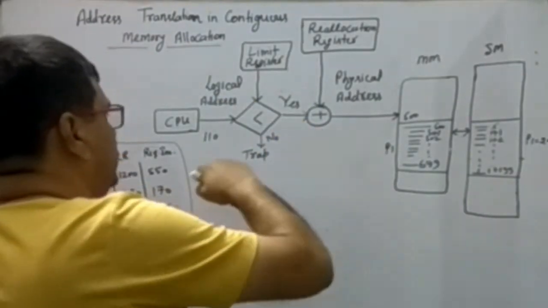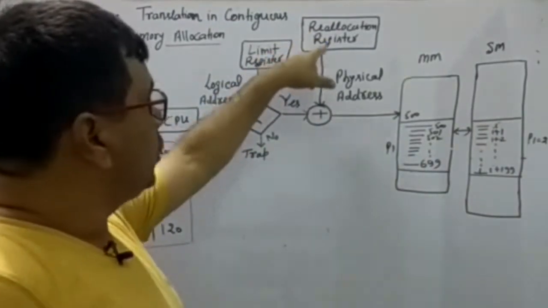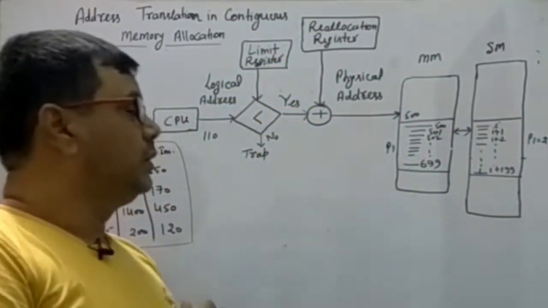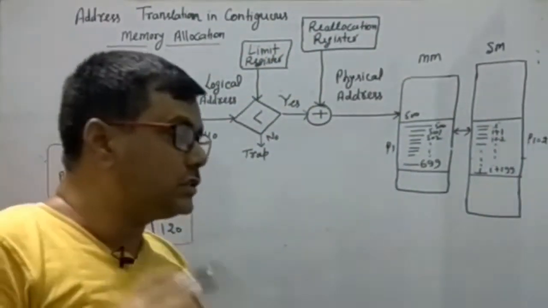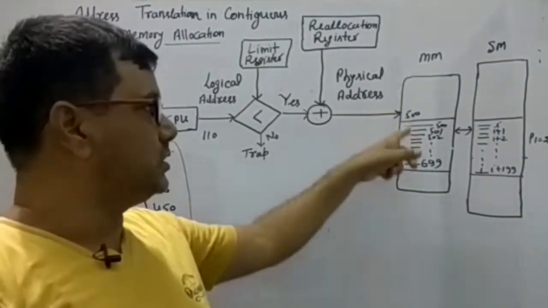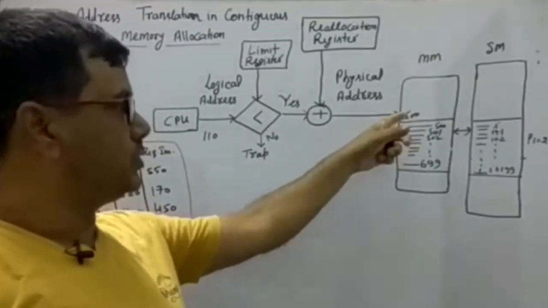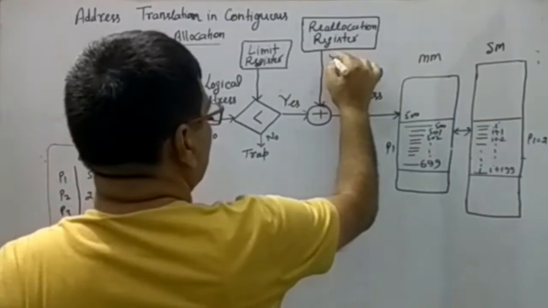Now look here: what is the relocation register? The relocation register contains the starting address of the process in the main memory. Here the starting address of the process in the main memory is 500.